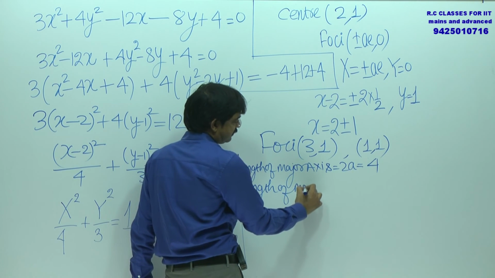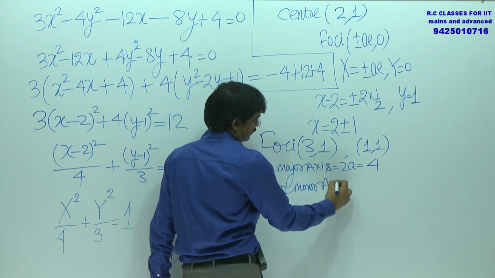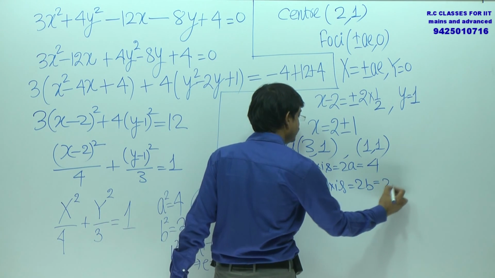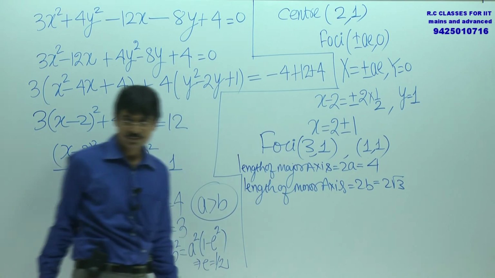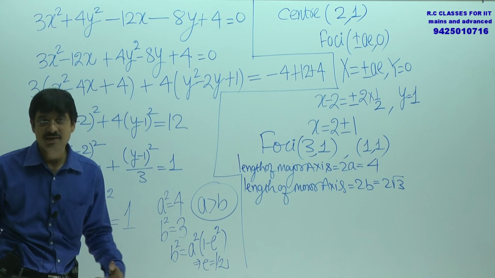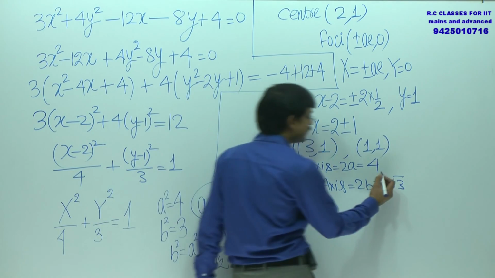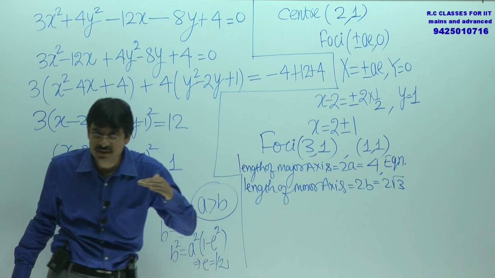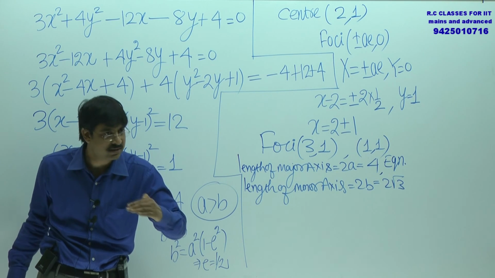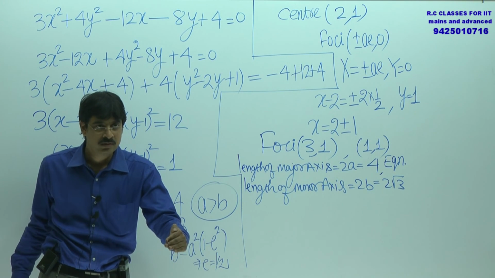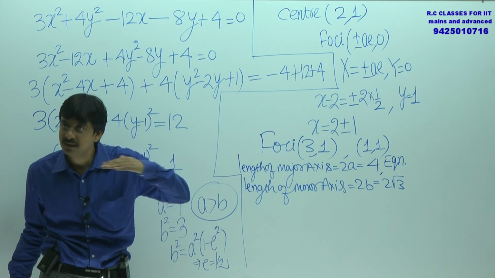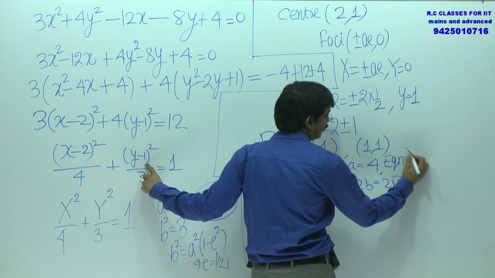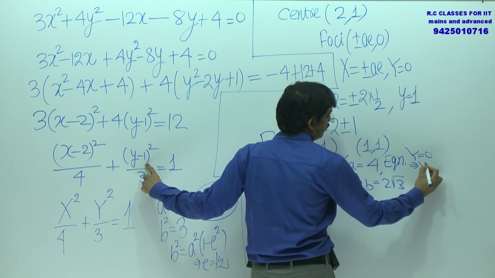Length of minor axis, that will be 2b, that will be 2 root 3. मेजर एक्सिस की इक्वेशन भी लिख देते हैं यहीं पर. इक्वेशन x axis is the major axis, but x axis is y0, y is capital Y0. It will be a line which is parallel to x axis. So y0, capital Y0, y equals to 1.